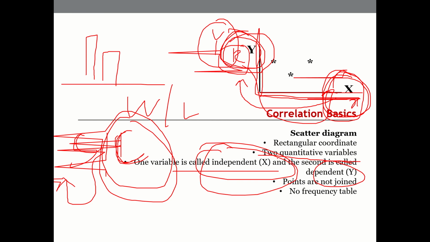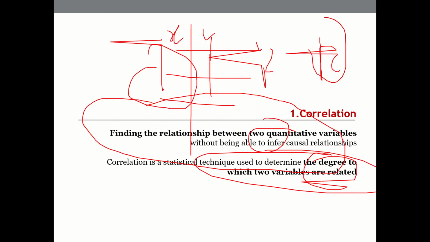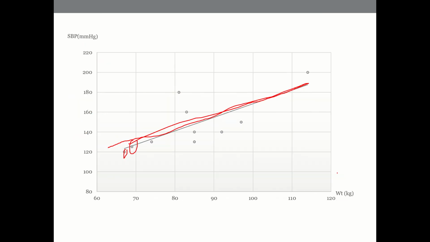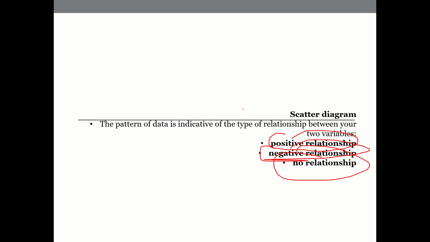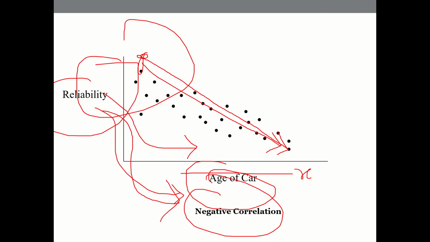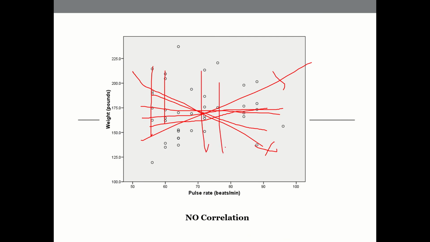There is a relationship between the x and y variables, and the degree of correlation means how strong or how weak the correlation is. Here we said yes, there is a positive correlation. In this diagram also there is a positive correlation. Here there is a negative correlation. Here there is no correlation.